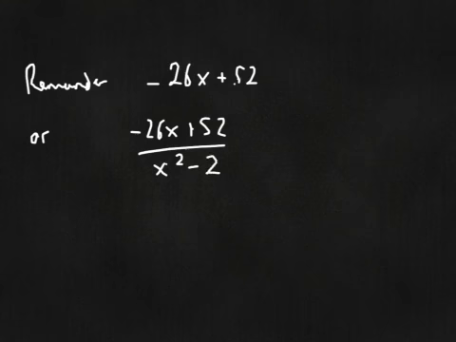The two things are exactly the same thing. You can write it as remainder equals that, or you can leave it as the remainder described as a fraction divided by the thing you're dividing by.